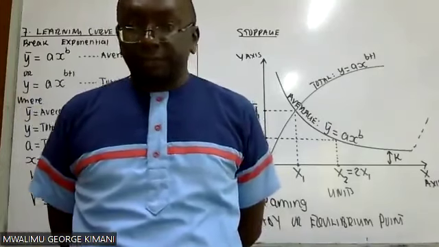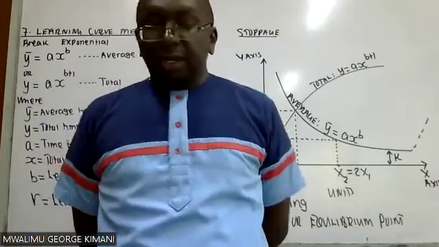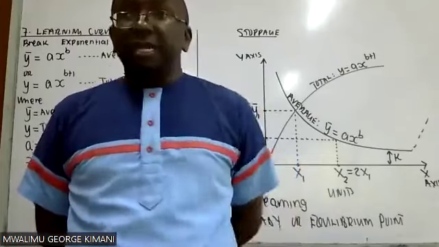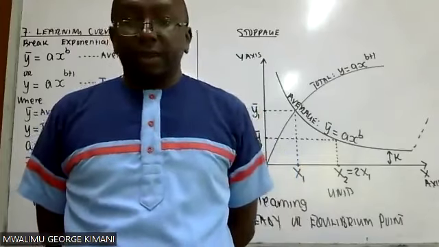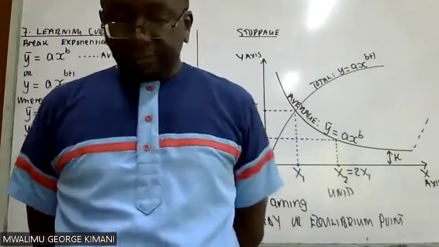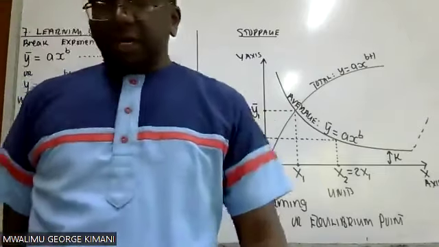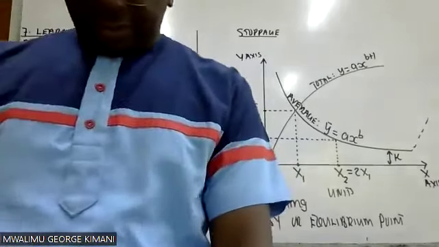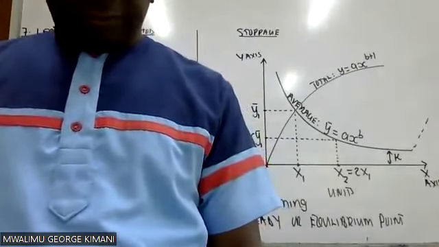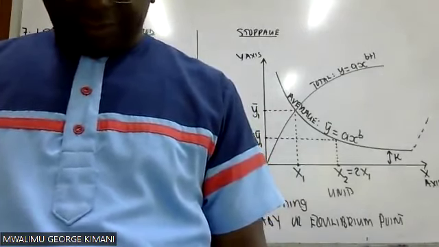Number six is competitive bidding. Number seven is standard costing. And number eight is project appraisal.